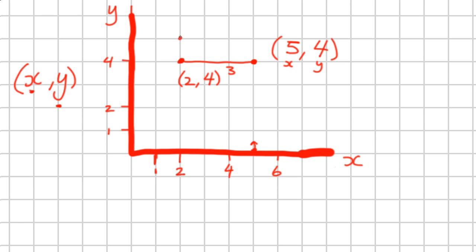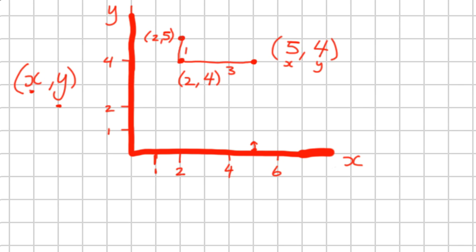If I draw another point here, this one will have an x value of 2 and a y value of 5 because we've come up 1. So this little length here, we know that's only gone up by 1, so that length is 1. So the distance is easy if these points fall on the same line.